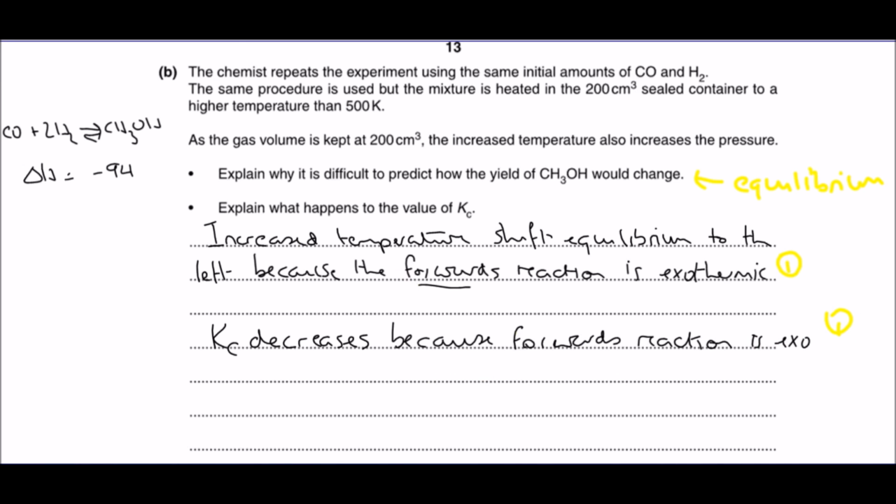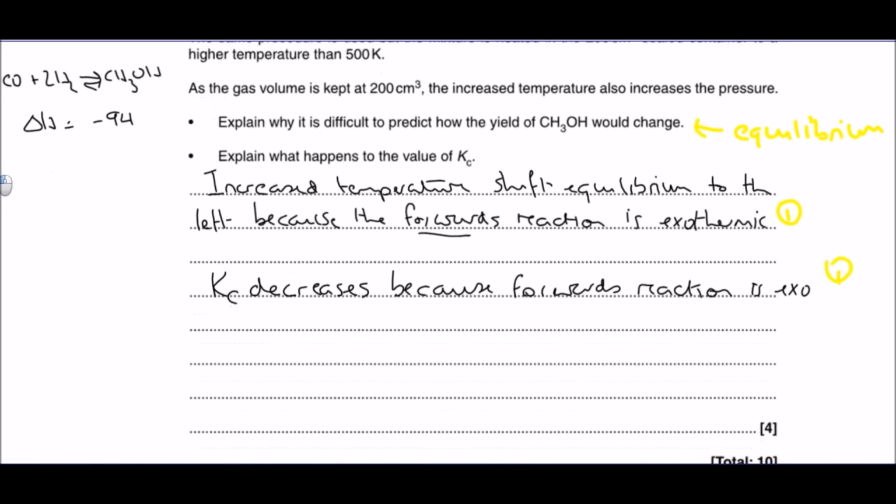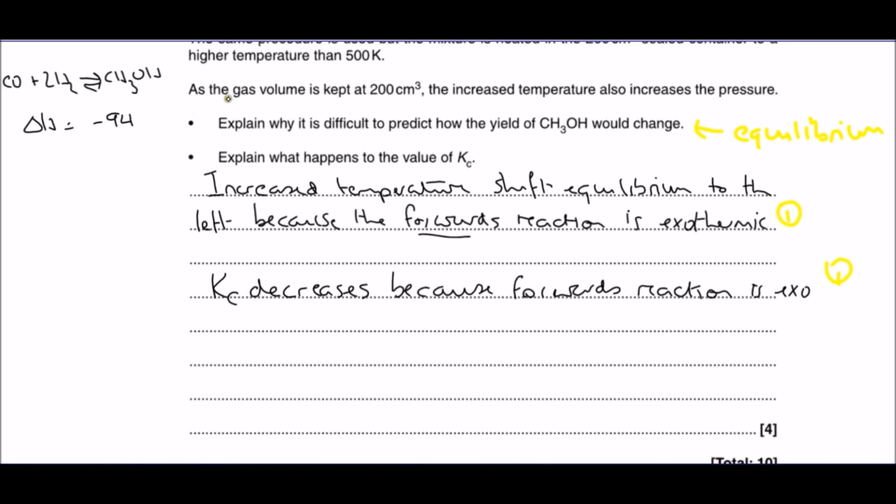And then we're going to deal with the pressure. So it says that the pressure increases, so we're going to talk about equilibrium. So increased pressure shifts equilibrium to the right, and then we need to explain it again.